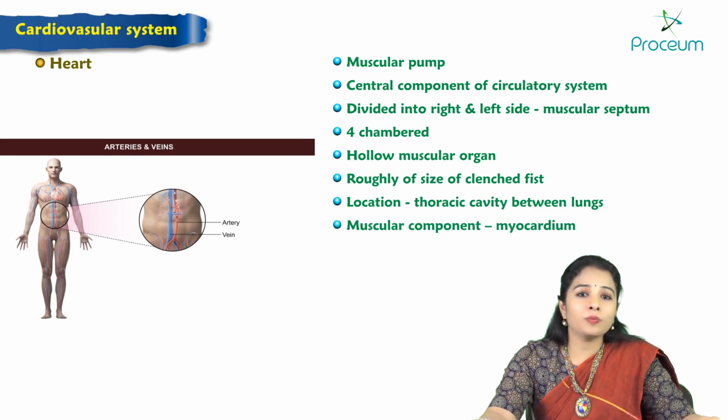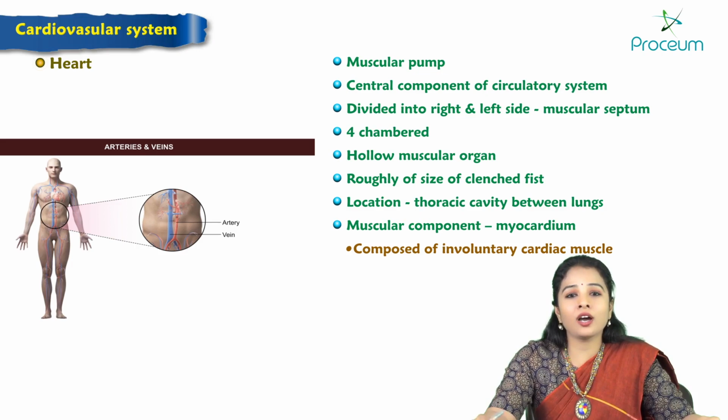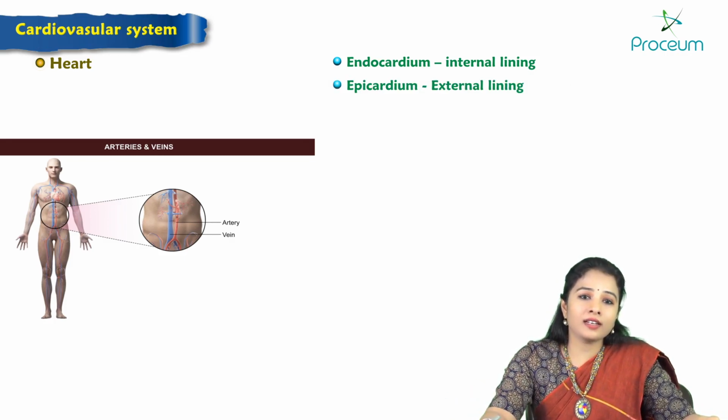The muscular component of the heart, that is the myocardium, is composed of involuntary cardiac muscle. So the muscle of the heart is made up of a specialized muscle confined only to the heart called as cardiac muscle, which is an involuntary muscle. It is lined by a membrane called the endocardium. So internally the heart is lined by the endocardium and externally it is lined by the epicardium.